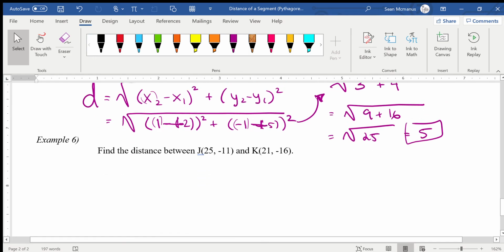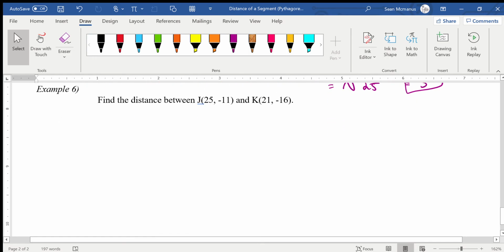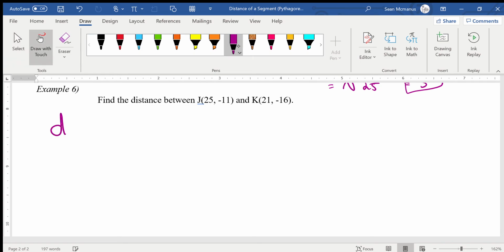All right, so last one. Find the distance between these two points, J and K: 25, -11 and 21, -16. I picked big numbers. They're probably not going to fit on any of the graphs you're going to see, so you've got to use the distance formula. I'm going to write down the distance formula: the square root of x2 minus x1 squared plus y2 minus y1 squared.